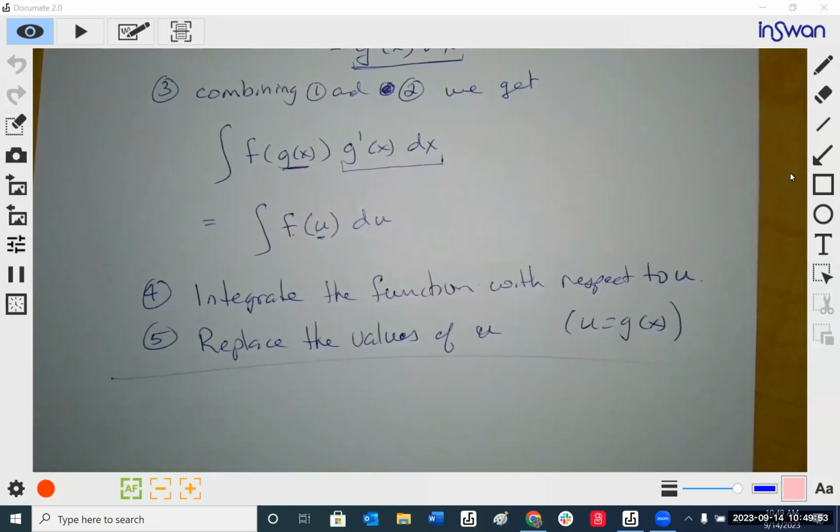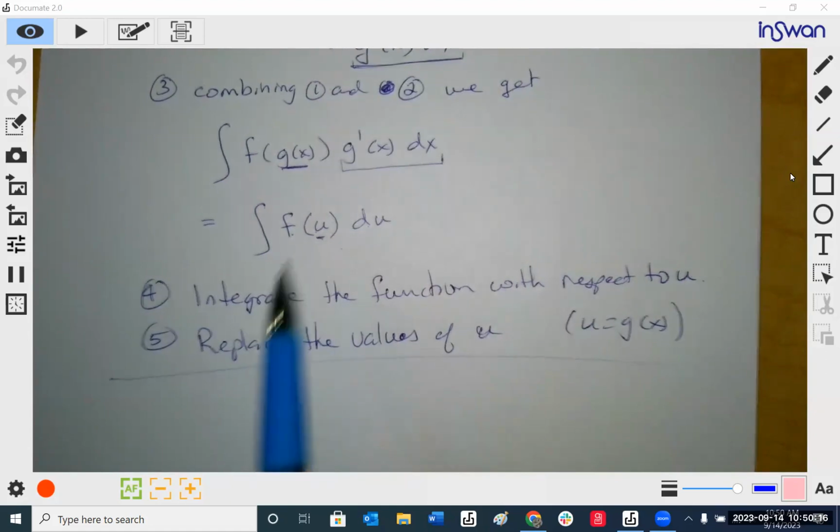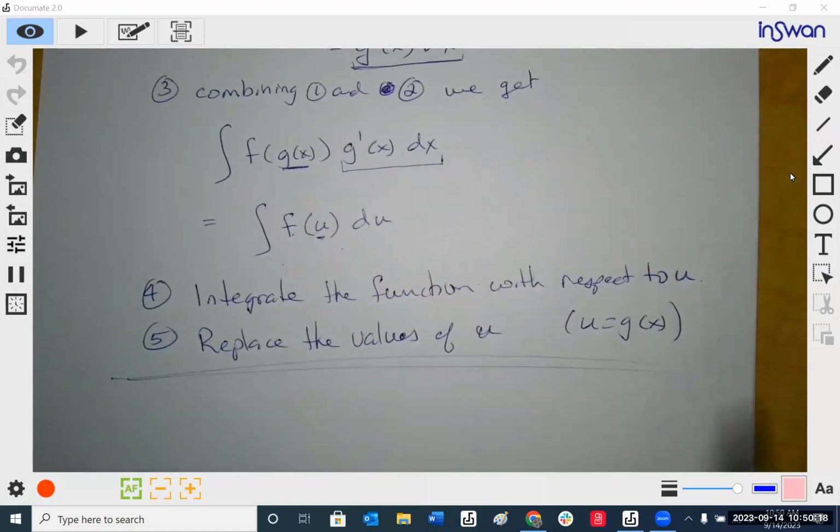So this is what the theorem just tells us. We have to first identify u. If you get the wrong u, you got the wrong answer. So once you find u, you find du, combine the functions, integrate the function with respect to u, and then you get the answer and put it back into the original function.